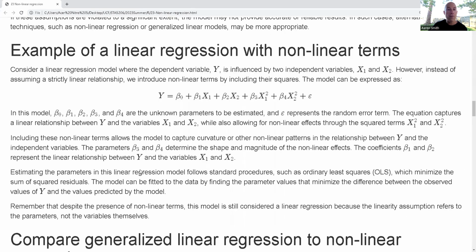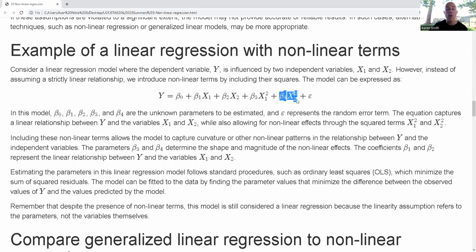All right, so let's look at an example of linear regression with nonlinear terms. And so here y is equal to beta sub 0, which is our intercept, plus these terms here. Now you'll notice I've got a linear term on x1, a linear term on x2. I have a quadratic on x1.